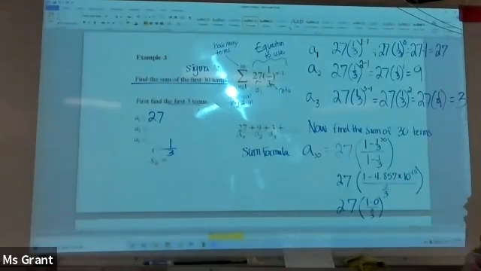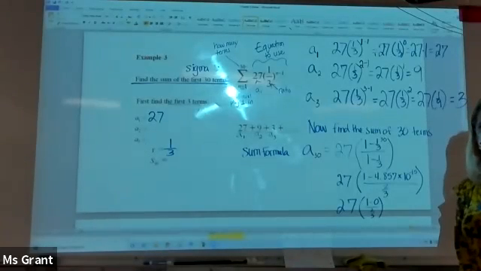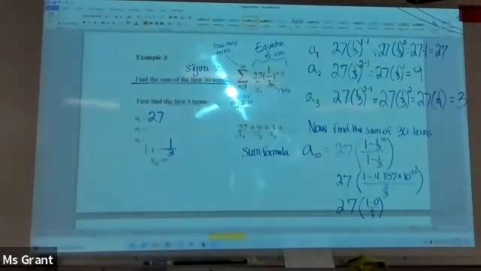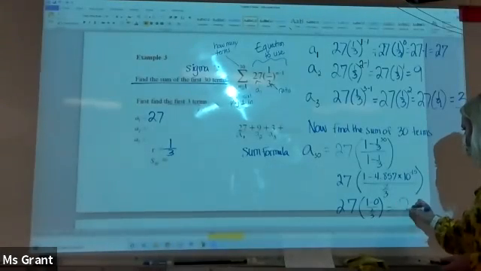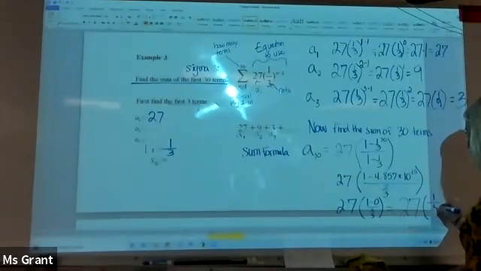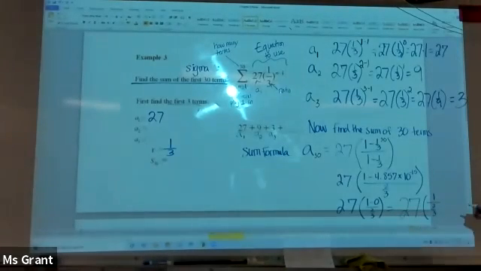How do I get rid of the 2/3? Because right now I can't touch the 27. Someone else, because you help. How do I get rid of a 2/3 in the denominator? This is what the math problem says, you guys. 27 times 1 over 2/3.